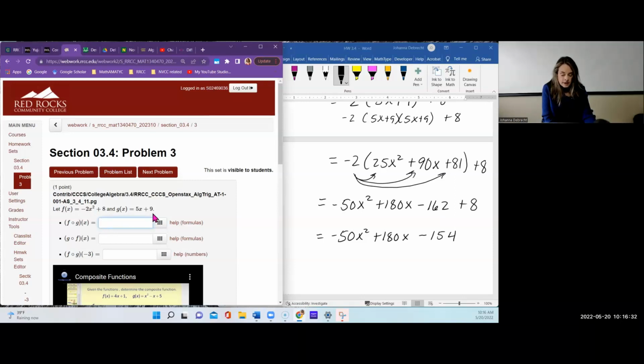We start with that. And then we say, what values does it put out? Well, it will put out all reals. Will f accept all reals? Yes, it will. So the domain of g gives y values that are allowed in f. Since they're all allowed, then we have the domain of g as the domain of the composition, which is all reals.